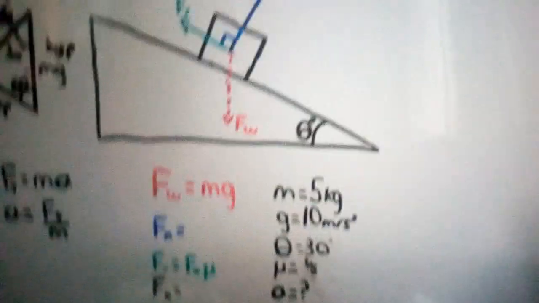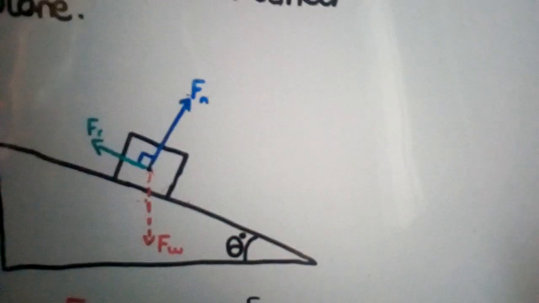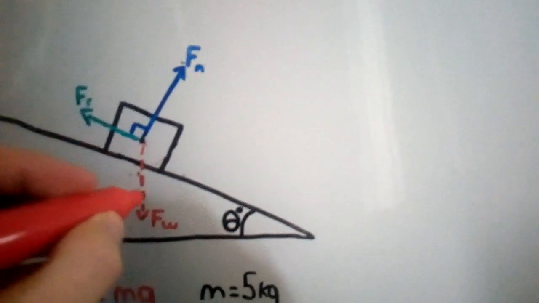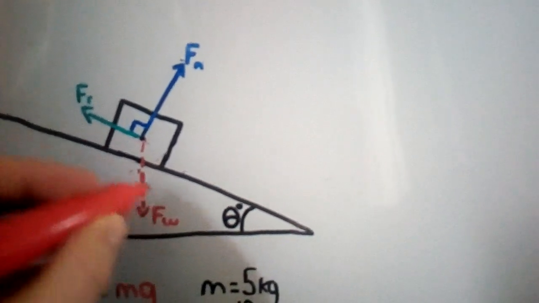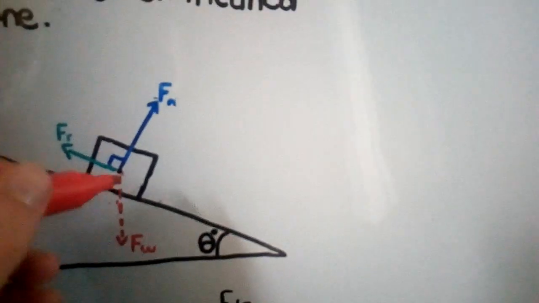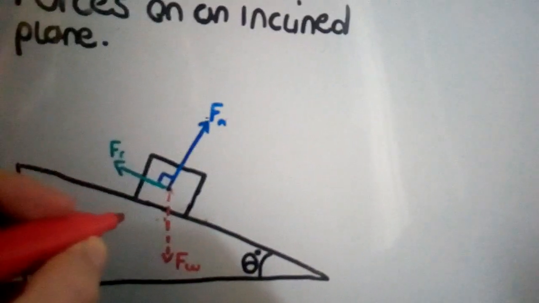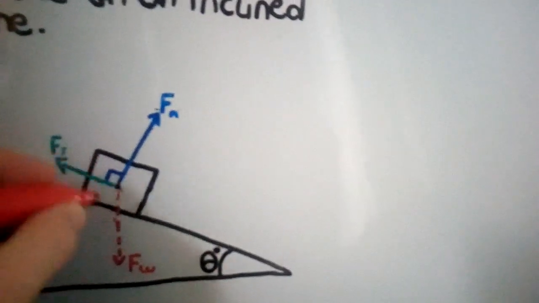So what I want here is some more forces labelled, and what I'm going to do is resolve this force of weight here, because it's not perpendicular or parallel to anything, so I can't deal with it with the other forces yet. But I can split it into a parallel and perpendicular vector relative to this slope.